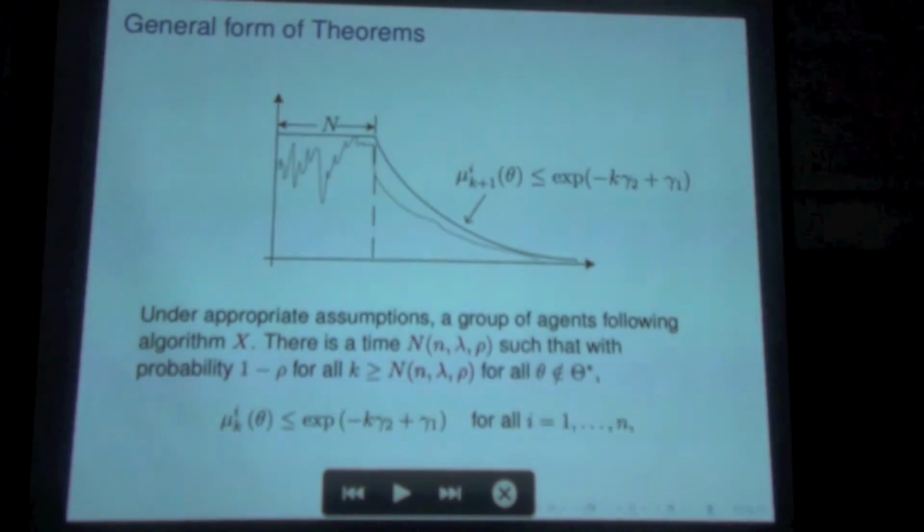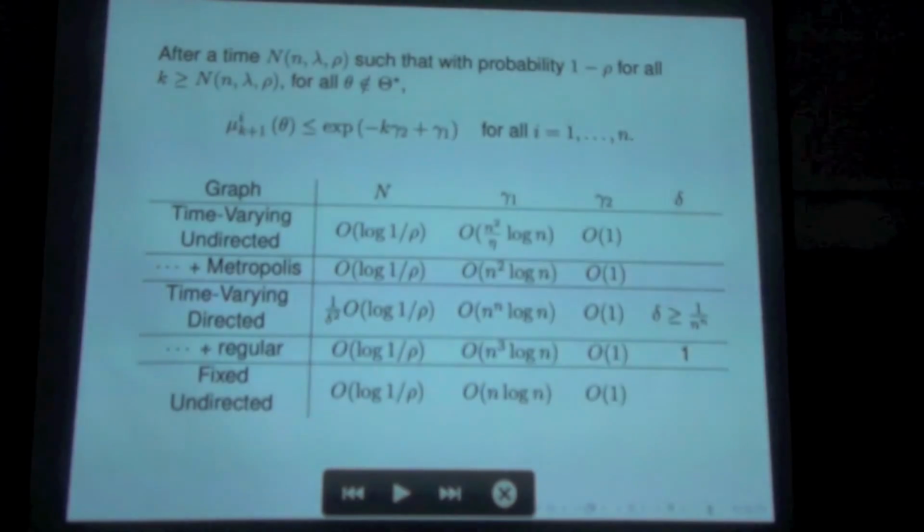And of course, now the obvious question is, okay, what is n, what is gamma 2, and what is gamma 1? So what I'm going to show next is, for the 3 cases that I showed you, what these 3 values are. And this is the main table. So is it like about the situation?